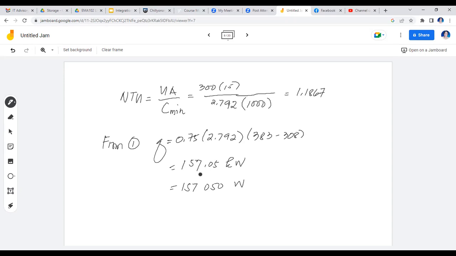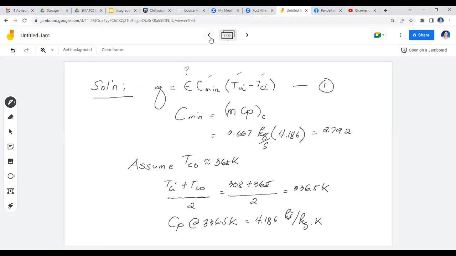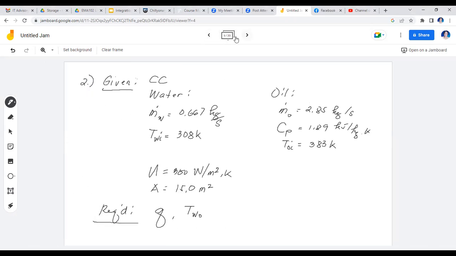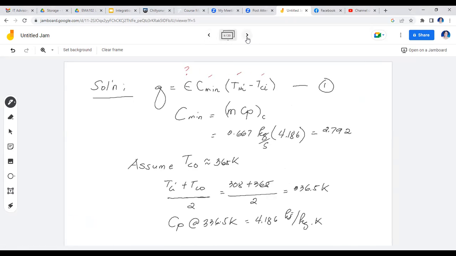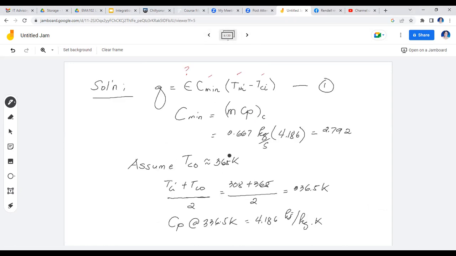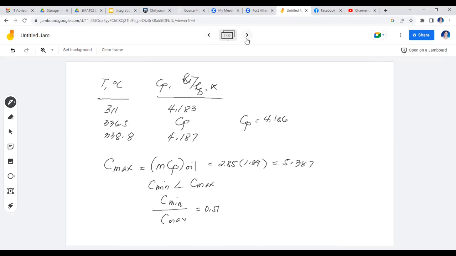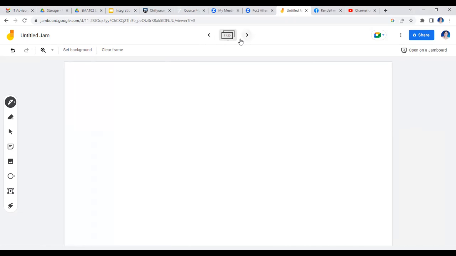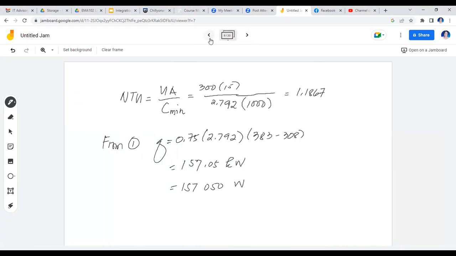Then how do you check whether the assumed outlet temperature is acceptable? So MCp delta T again. We assumed an outlet temperature of, what's our assumption? 365. So we will check if that particular value is acceptable.